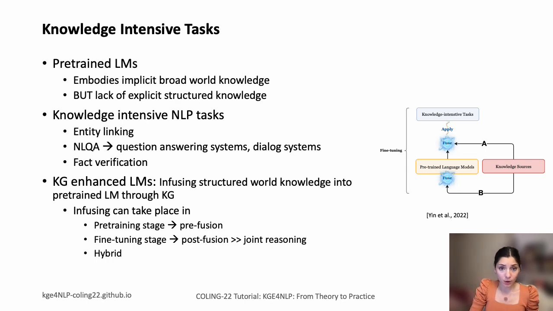Such structured knowledge can be integrated either in the pre-training stage, or in the fine-tuning stage, or in a hybrid way, depending on the task and the external knowledge source. The post-fusion methods, in particular, first capture the relevant knowledge from the KGE and then perform joint reasoning over both the language context and the knowledge graph.